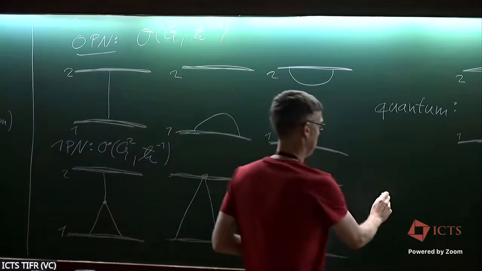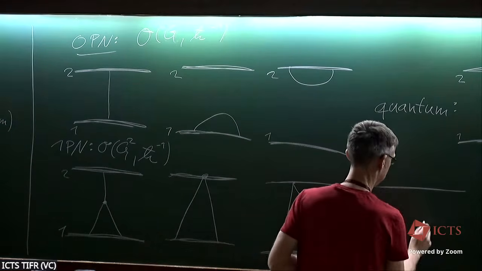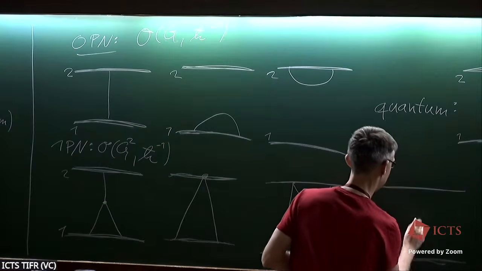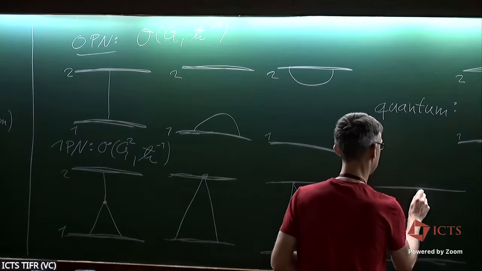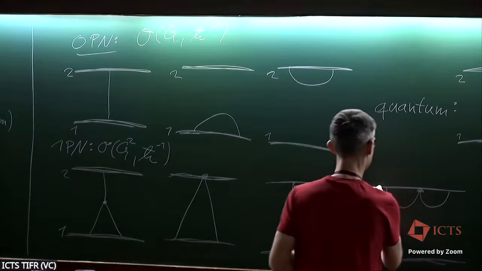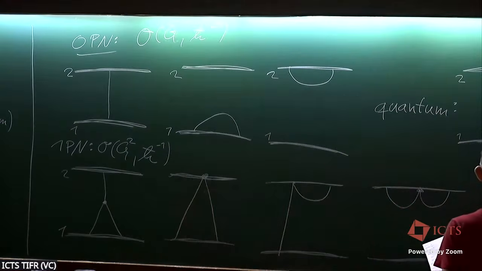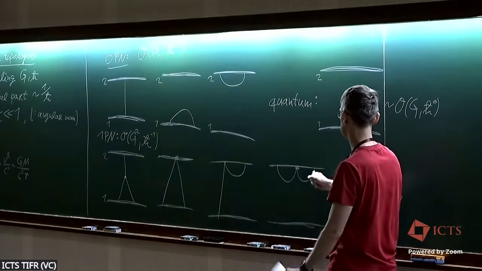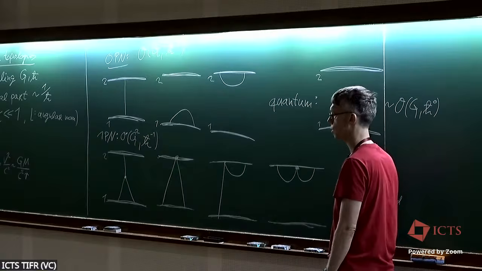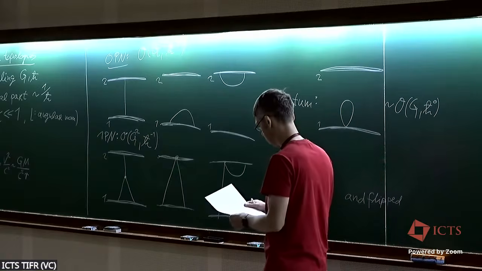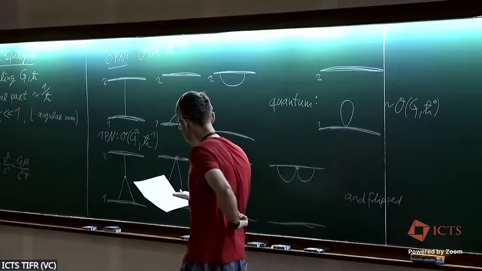And even worse, if you want, we could connect this vertex twice with its own world line, right? So then we end up here. And then we have to flip all those diagrams, so exchange the 1 and 2 on the world lines, right? So that's all we can do.